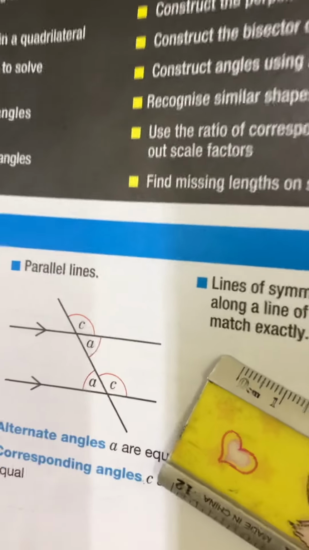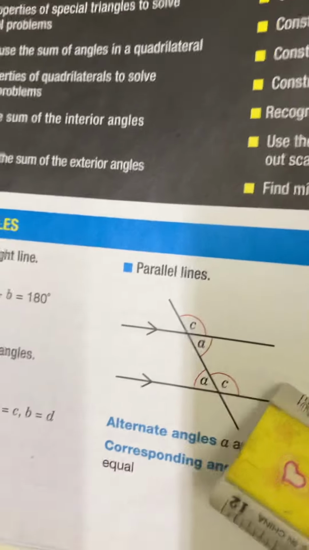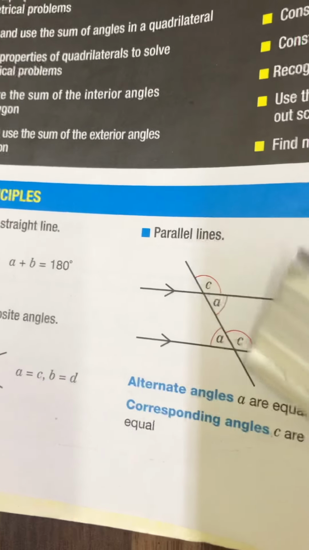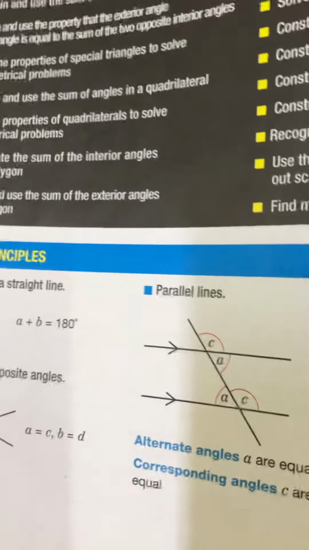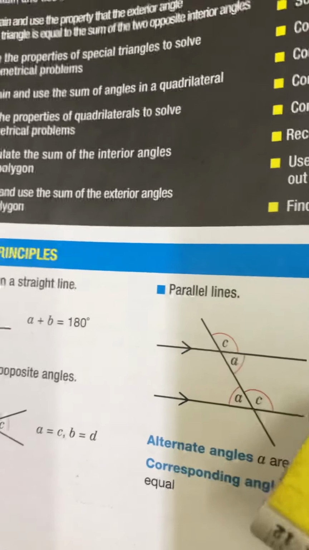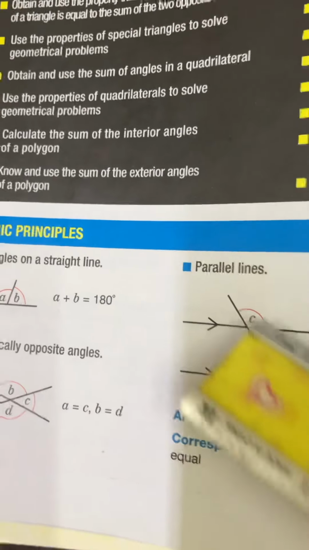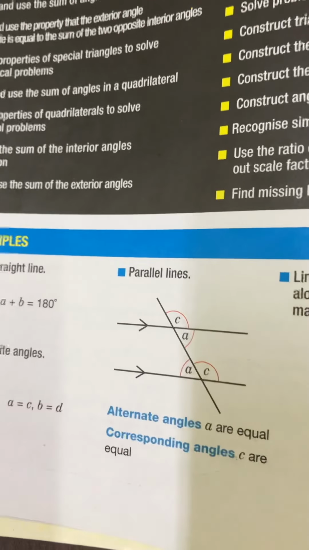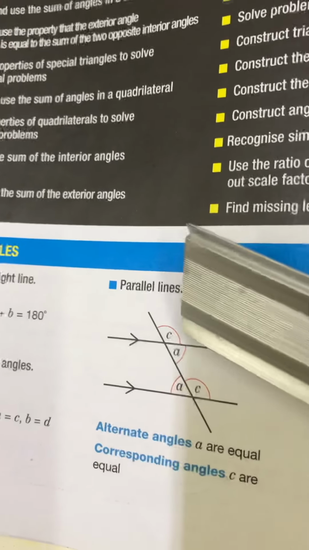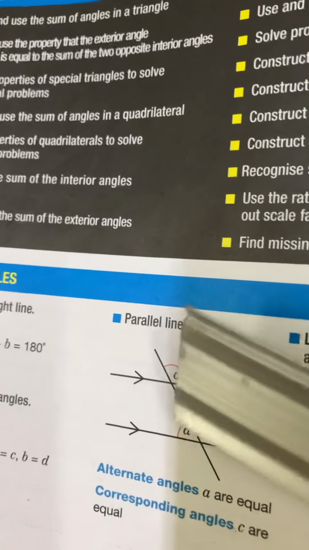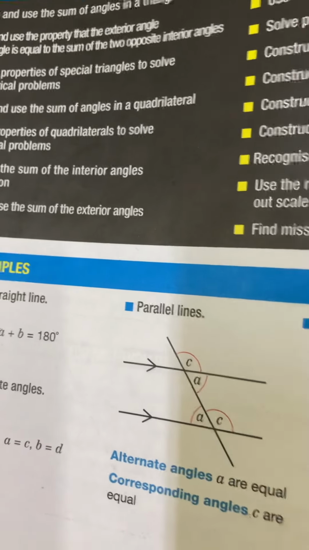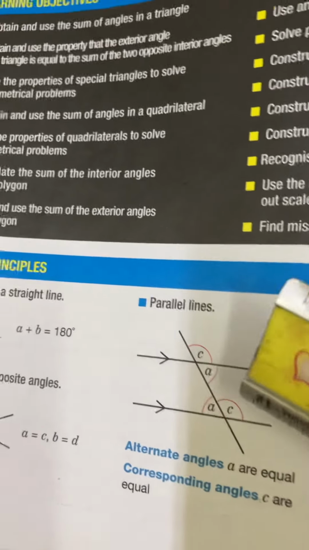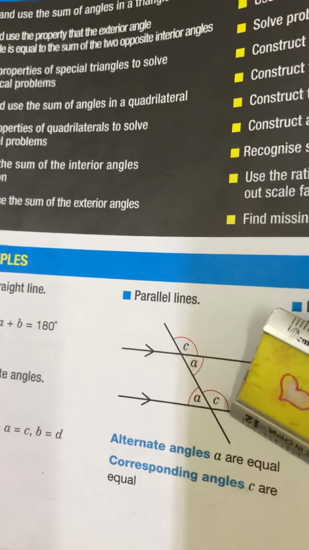And here, if we have two parallel sides and a line intersecting them, take care. You will find alternate angles on letter Z, on opposite sides. And you will find corresponding angles like C and C. You take one, leave the neighbor, and take the next one. You will find the corresponding angles on letter F. Here we have A and C equal 100.